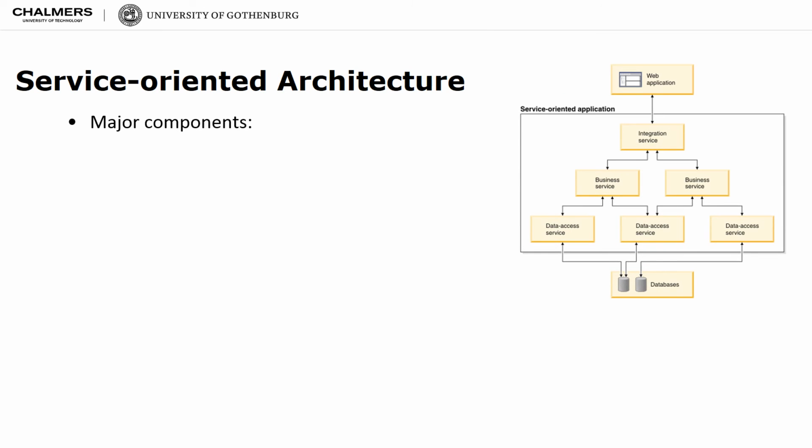Computation is achieved by a set of cooperating components that provide and/or consume services over the network. Major components of the service-oriented architecture are service providers, which provide one or more services, consumers, which invoke services directly or through an intermediary.